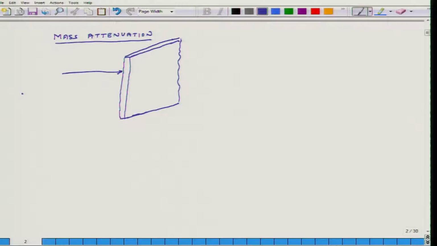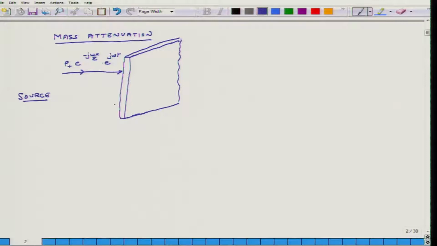There is some source, and the source is emitting noise, such that there is an incident wave which goes and hits this wall. The incident noise is P plus times e to the power of minus j omega x over c, times e to the j omega t.